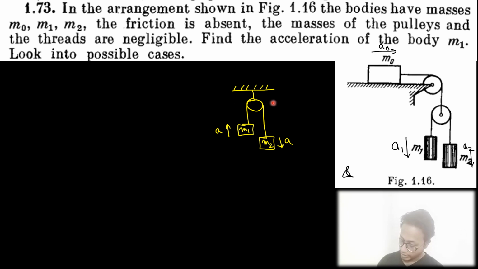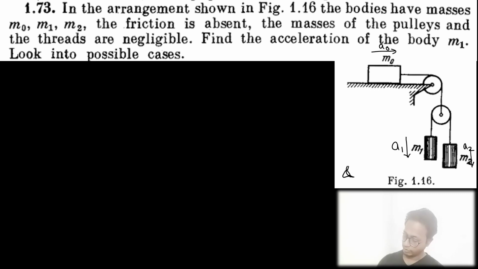Because the pulley out here was fixed, but the pulley out here was itself moving. So the relative acceleration of m1 with respect to this pulley and m2 with respect to the pulley are the same. But from the frame of reference of ground, the magnitudes of a1 and a2 would be different. Understood? So we can solve this problem from the frame of reference also. But now you understood constraint motion, so let's solve this using constraint motion.